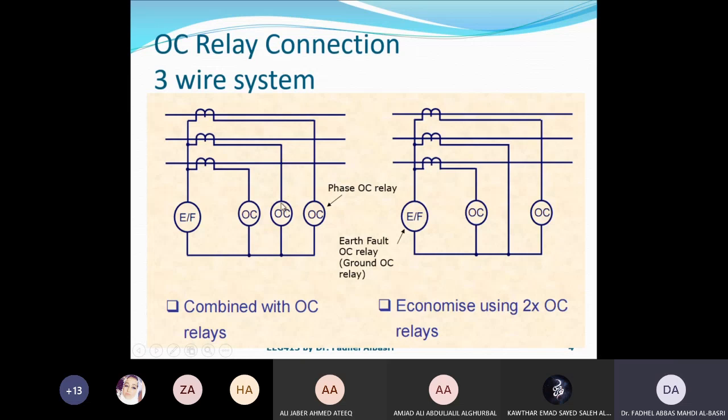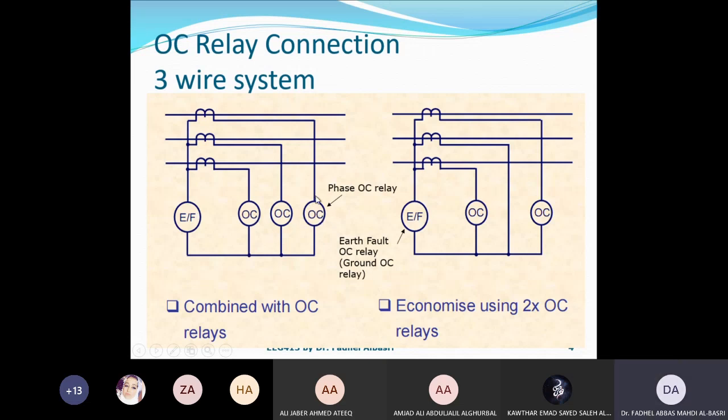So how do you connect an overcurrent relay? Suppose you have a 3-phase, 3-wire system. I put a CT in each phase, and the CT secondary of each phase is connected to one phase overcurrent relay. This is an electromechanical relay, for example. In a numerical relay, all of this is inside as one relay, or as functions in a relay.